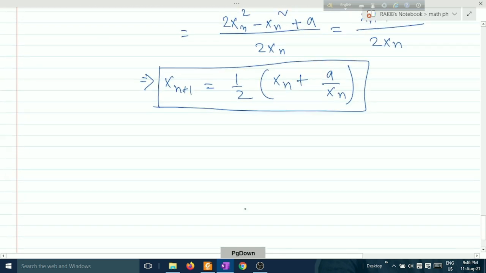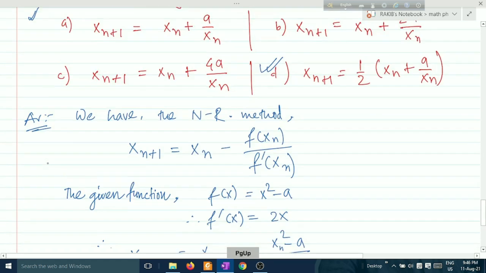This is a recurrence relation. This is why it is important.